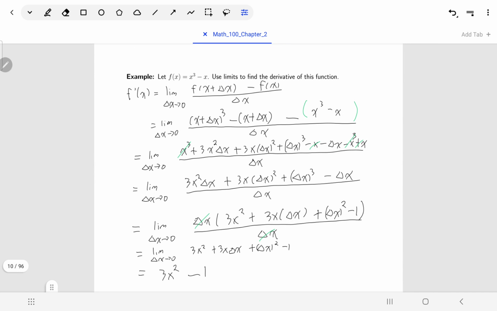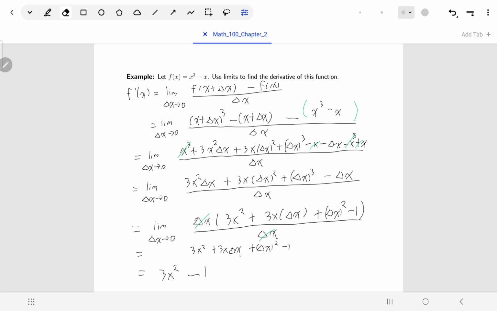Again, I'm going to make the same caution that I did before, which is until I actually evaluate my limit, which wasn't until the very last line, I need to be writing limit delta x approaches 0 for each and every line. If I didn't, just for example, I had not written delta x approaches 0 and I had just gone directly into somehow these delta x's magically vanished from this second last line to the last line, that would have been very incorrect. 3x delta x is not equal to 0.